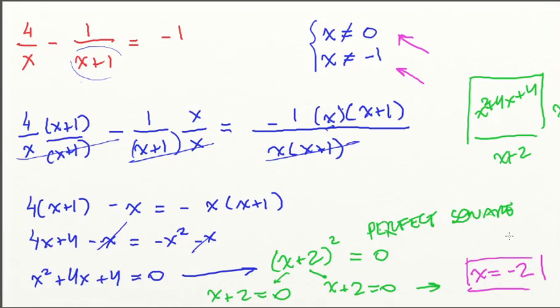If we take negative 2 there, we would have 4 over negative 2 minus 1 over negative 2 plus 1 equals negative 1. So 4 over negative 2 is negative 2. Then 1 over negative 2 plus 1, this negative 2 plus 1 is going to be negative 1 down here. So that's negative, negative, that would be plus. And that's equal to negative 1.